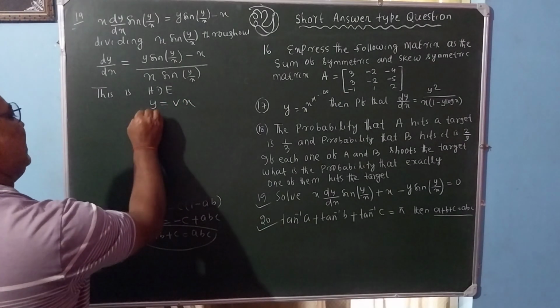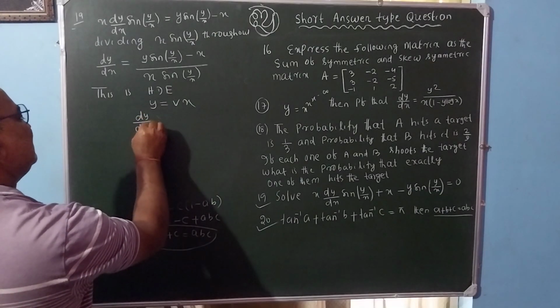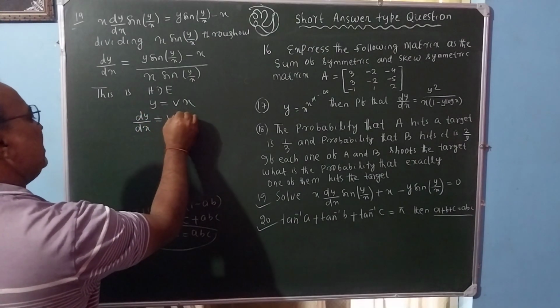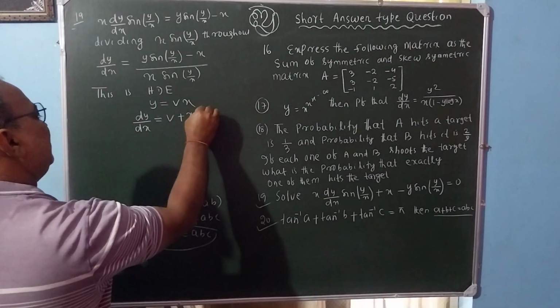So dy by dx is equal to V plus x dv by dx.